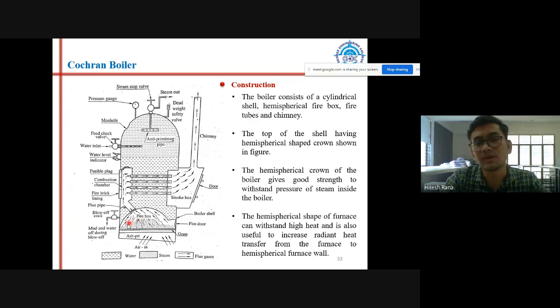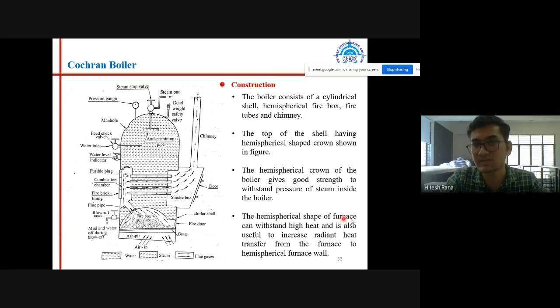And this hemispherical shape also enhances the radiation heat transfer. यहाँ पे सरफेस जो है वो ज्यादा मिलेगा. तो ज्यादा सरफेस मिलेगा मीन्स ज्यादा सरफेस गर्म होगा, मीन्स हीट ट्रांसफर के लिए सरफेस ज्यादा अवेलेबल होगा.